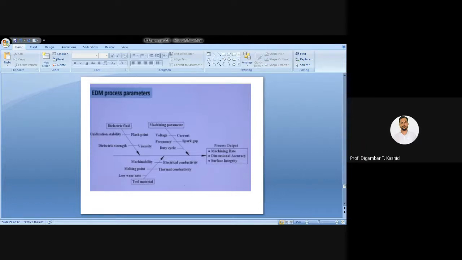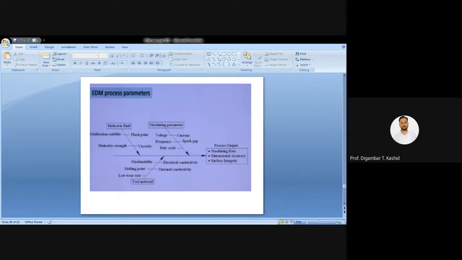Again, surface finish is mainly governed by the pulse frequency and energy per spark. Application of higher discharge energy results in a deeper heat affected zone and deeper cracks into your workpiece surface.